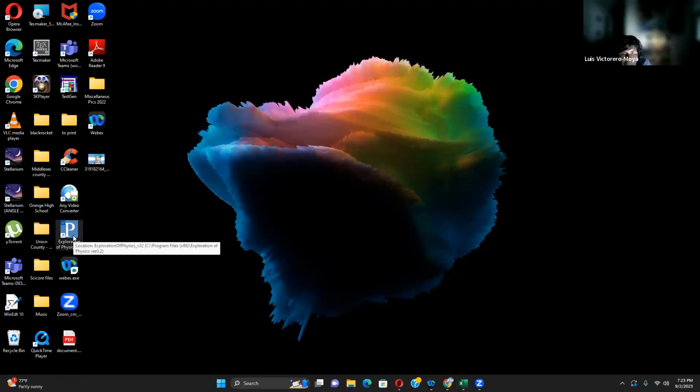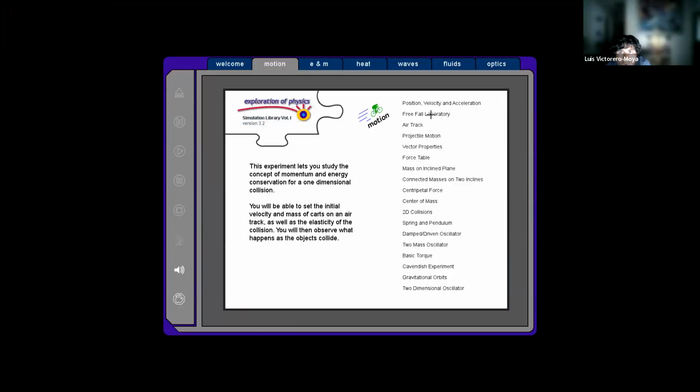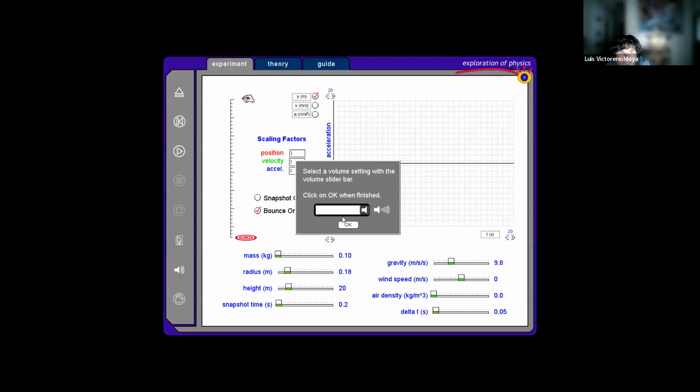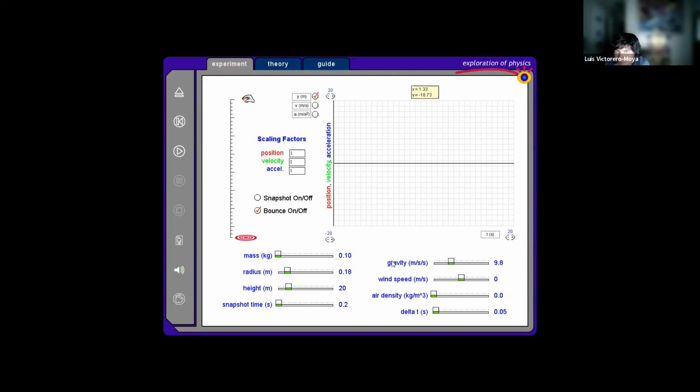And once you open this, make sure you go to free fall. And then make sure you check this off because you don't want the ball to bounce.